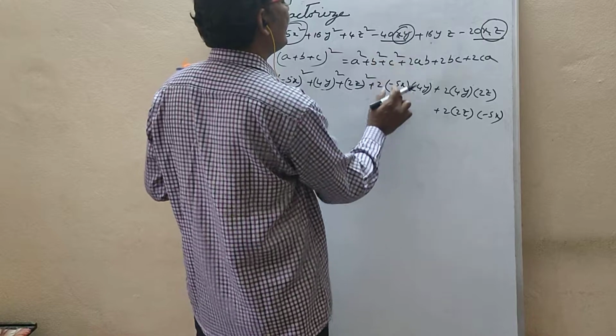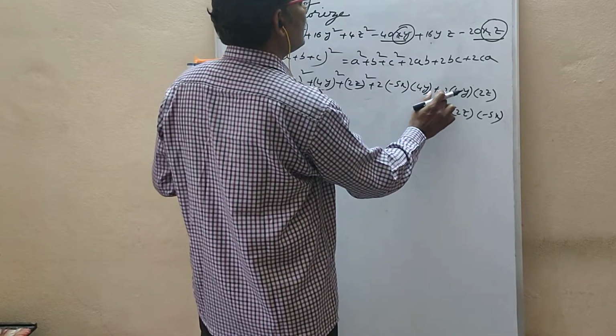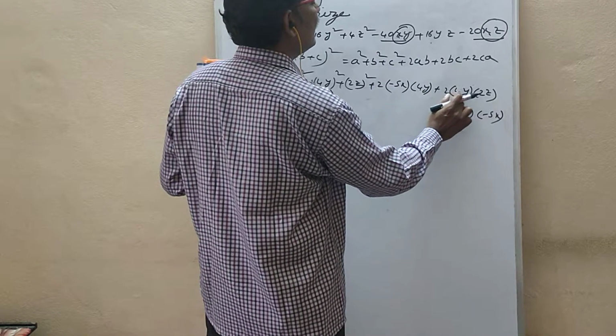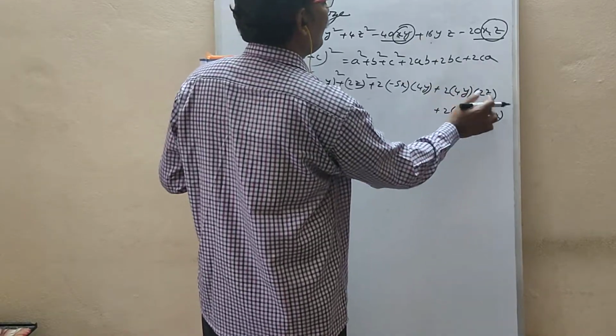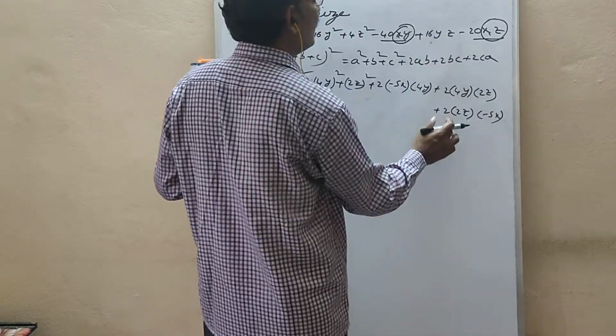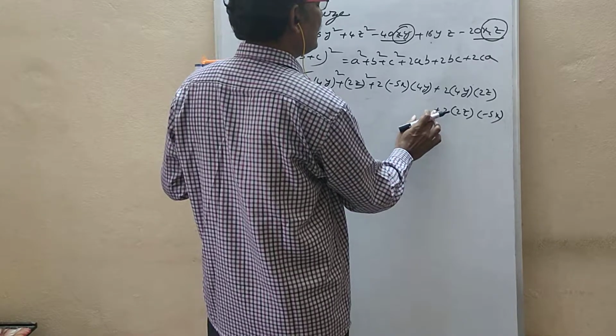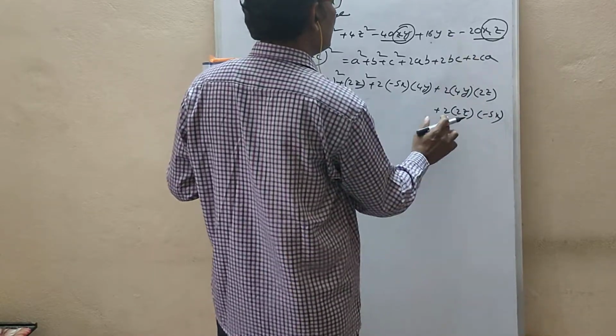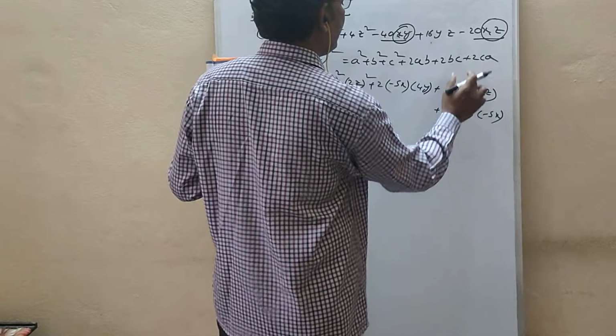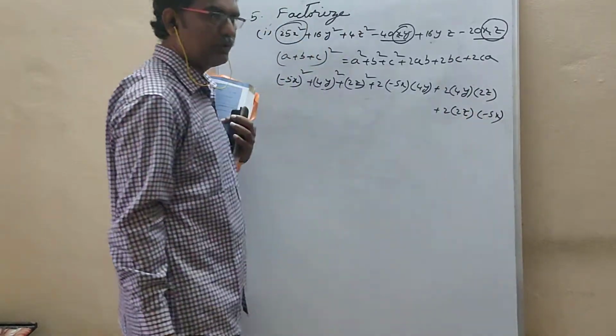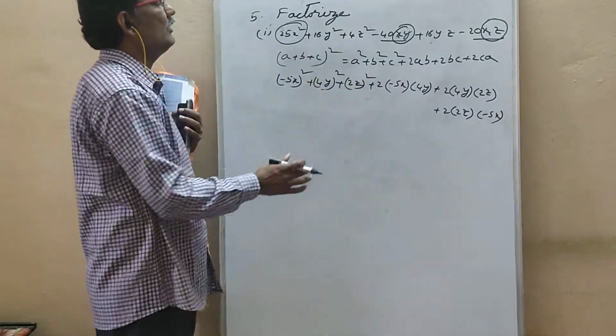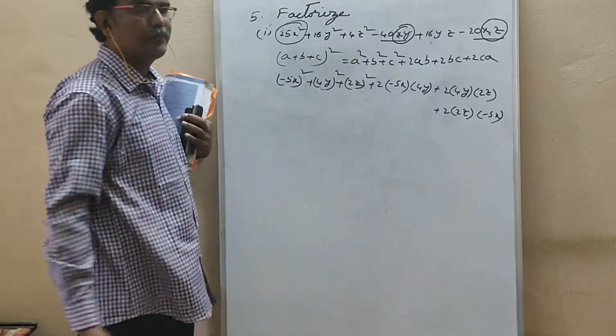Minus 40xy you are getting. Here numbers if you multiply: 2 into 4 is 8, 8 into 2 is 16. Alphabets are yz, 16yz is there. This one, first multiply the symbols: plus into minus is minus. 2 into 2 is 4, 4 into 5 is 20. Alphabets are xz. So I did not change the question, but I wrote the question in this form.